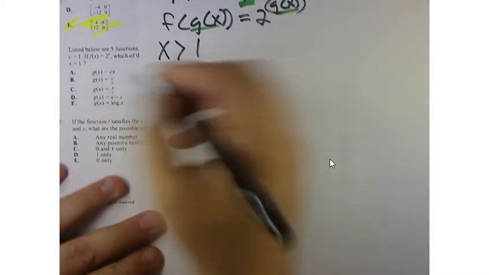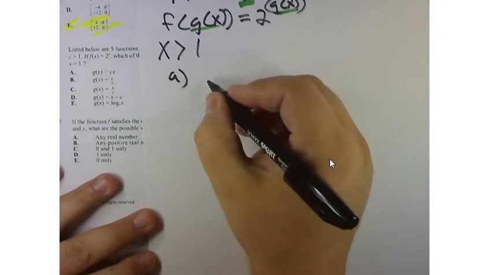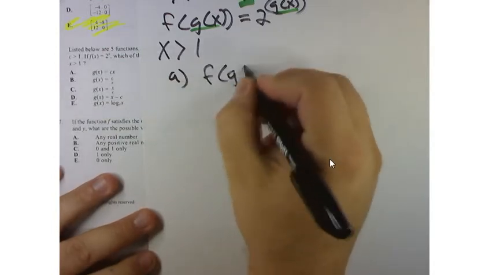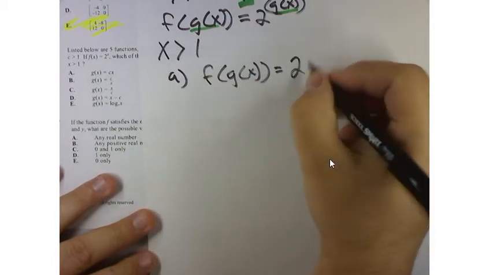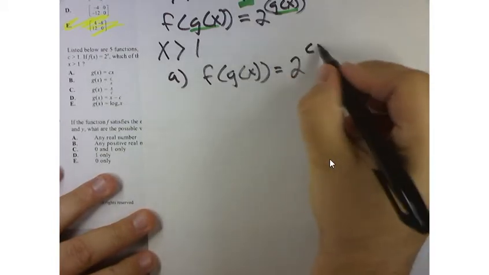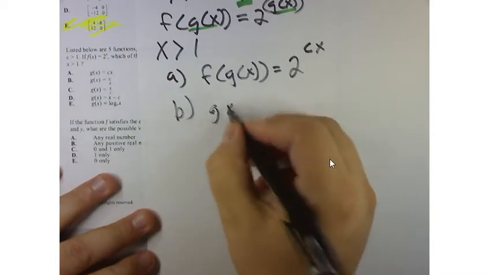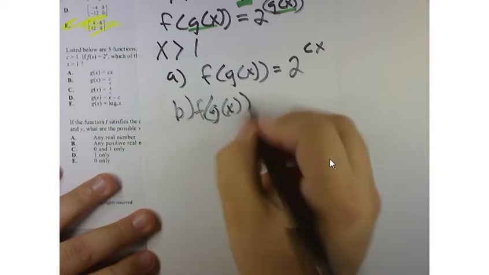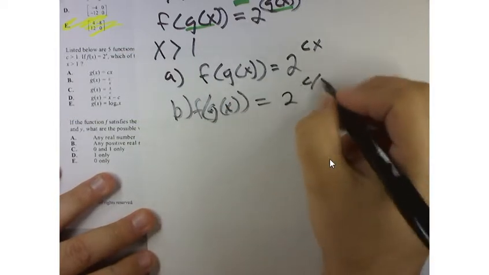So if I plug in the first term a, f of g of x would be 2 raised to the g of x, which is cx. B would be f of g of x, which would be 2 raised to the c over x.